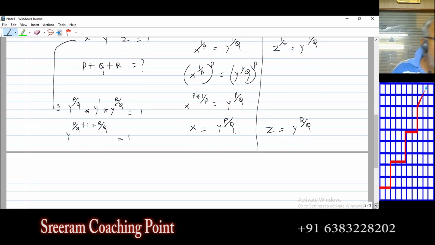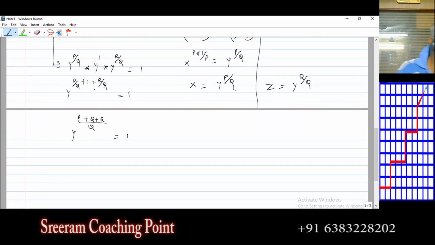Right. Now q is common for all. So y to the power of q being a common denominator, p will continue to be there as p, and in the place of 1, it is q by q. So it is p plus q plus r divided by q, which is equal to 1. Here is a place where you have to closely observe. This 1 can be rewritten as y to the power 0.